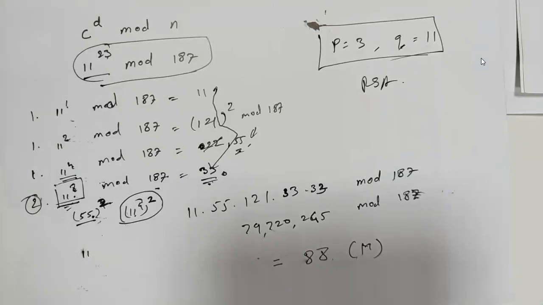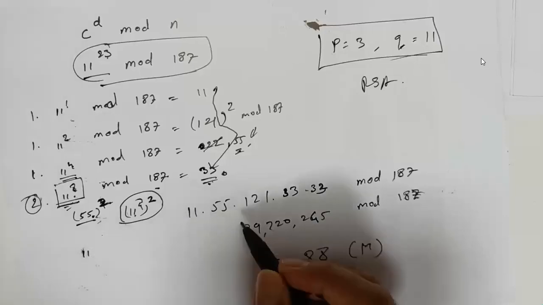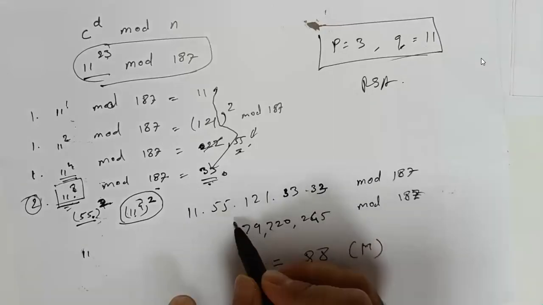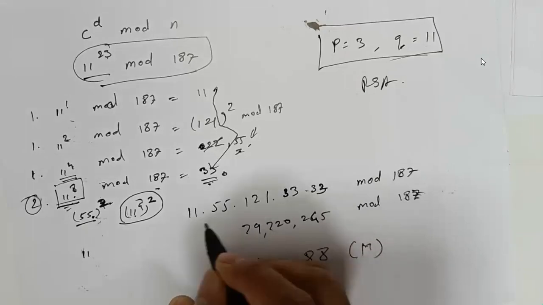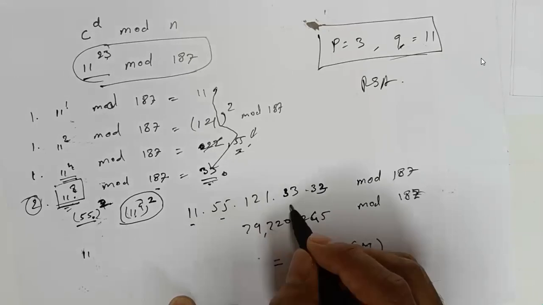I'm sorry, I have not written all the steps. Sir, in this, once we found out the modulo values, we just multiplied them, and in the end, we did a modulo again.